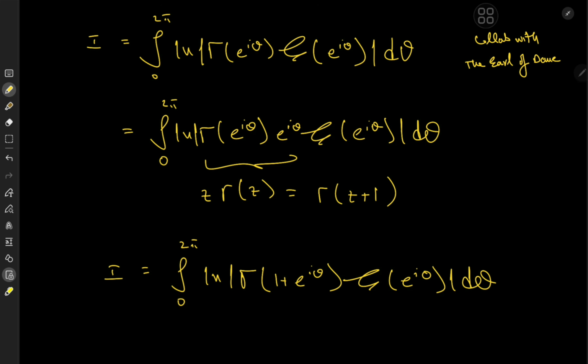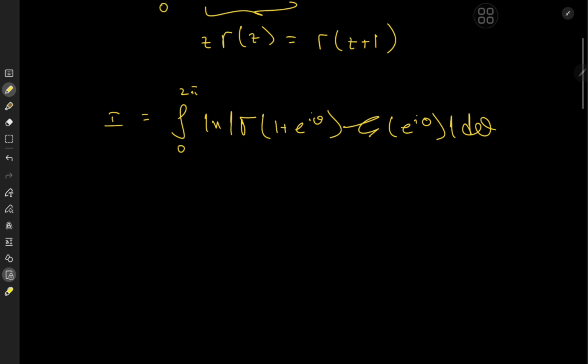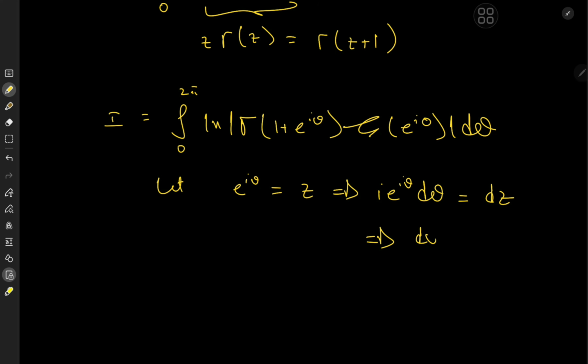Okay, cool. And what I'd now like to do is introduce a substitution. We're going to let e to the i theta equal z, which implies that i times e to the i theta d theta equals dz. But this further implies that d theta is equal to dz over i times e to the i theta.